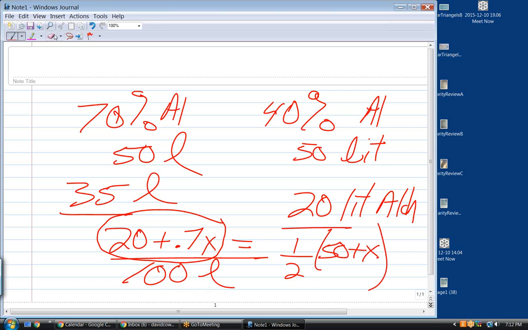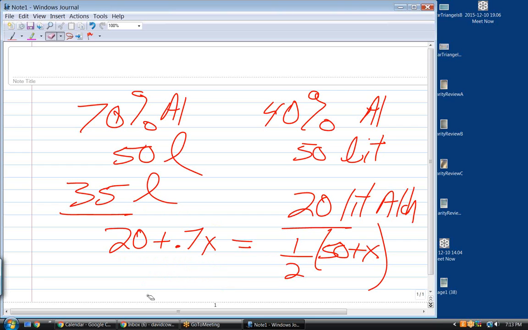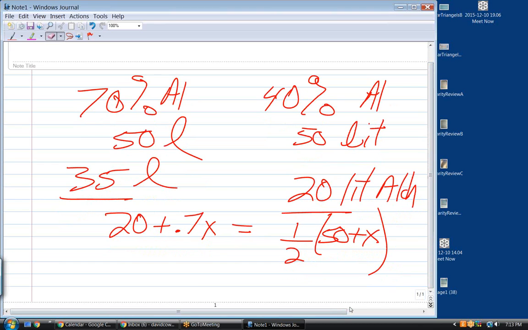There's the formula, I believe. I don't need the 100 liters. Okay. I got the amount of alcohol I have, which is this 20 liters plus 0.7 times however many liters of fluid that I add. So this will be the amount of alcohol, and we need that to be half of the total amount of fluid that I have. Okay. So I can solve this equation now.